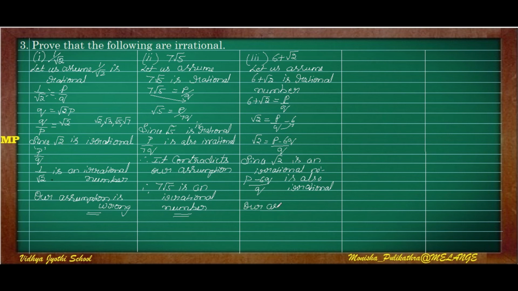So our assumption is wrong. Therefore, 6 plus root 2 is irrational.